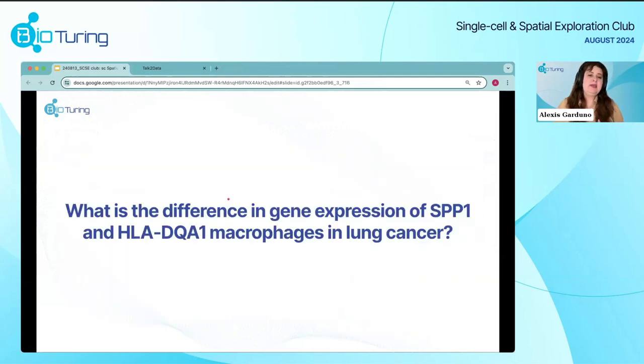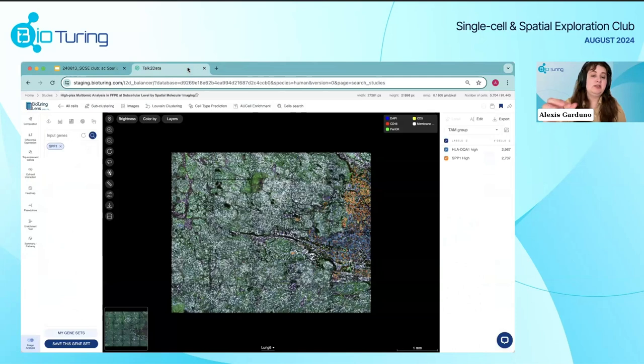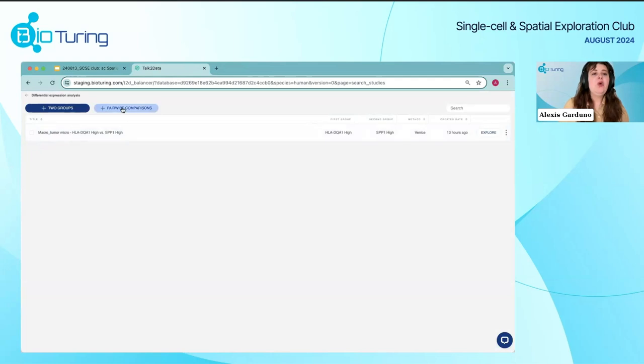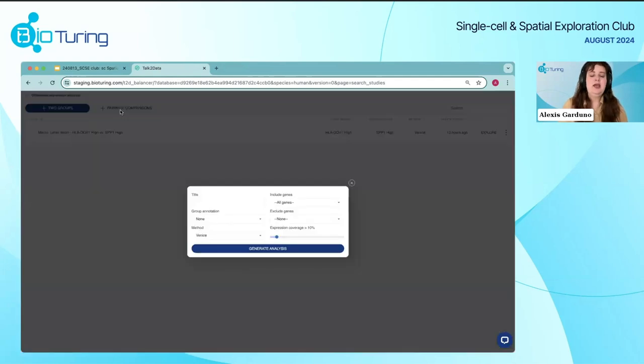And then the next step is, what is the difference in the gene expression of SPP1 and HLA-DQA1 macrophages in lung cancer? So in order to answer that, once our regions or our cells are labeled, we can then go into the differential expression analysis, and we'll go into this pairwise comparison. So again, you'll need to add a label to the analysis that you're performing.